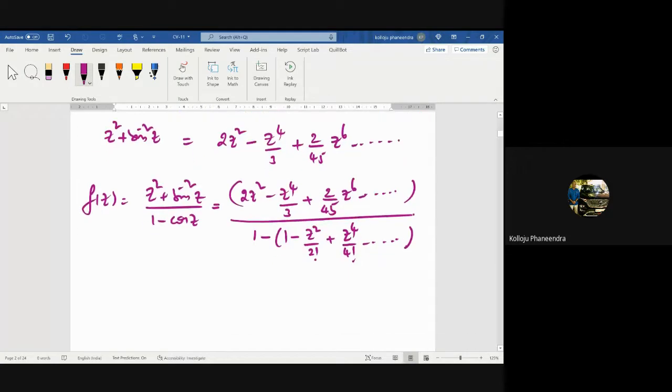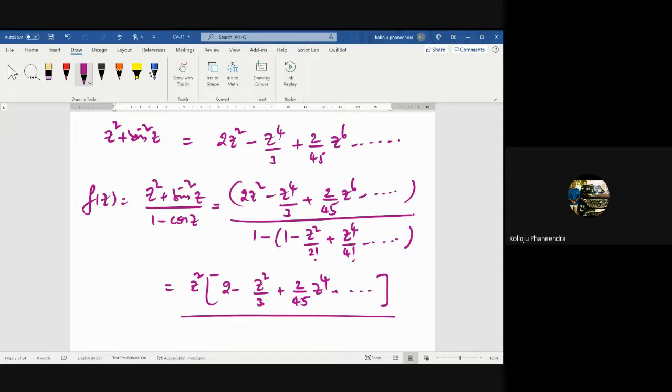So let me take z square common in the numerator. This is 2 minus z square by 3 plus 2 by 45 z power 4 and so on, whole by 1 gets cancelled.